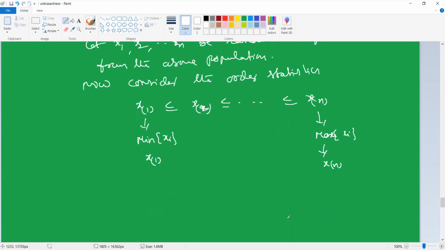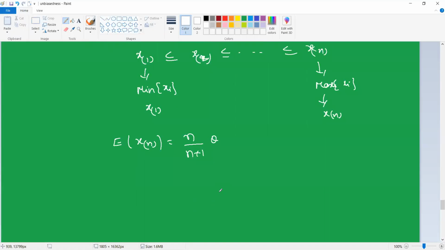So now here we have to consider the expectation of xn order. This is very, very important from the examination point of view. Expectation of xn order is equal to n by n plus 1 into theta. But xn order is a biased estimator of parameter theta.